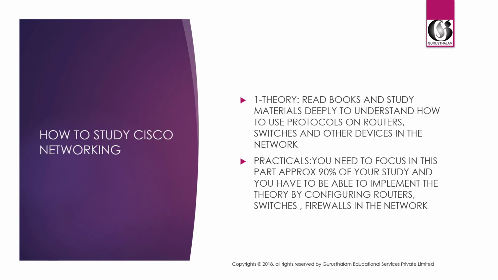Practical experience is achieved by getting your hands dirty and configuring network devices, and you need to focus on this part approximately 90% of your whole study. You have to be able to implement the theory by configuring routers, switches, and firewalls in the network.